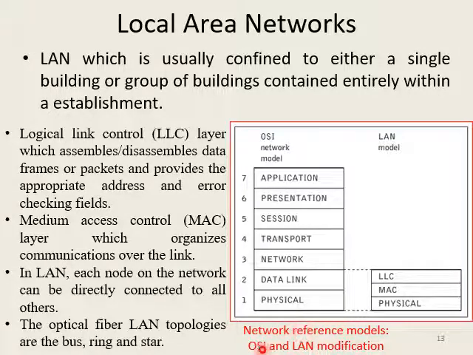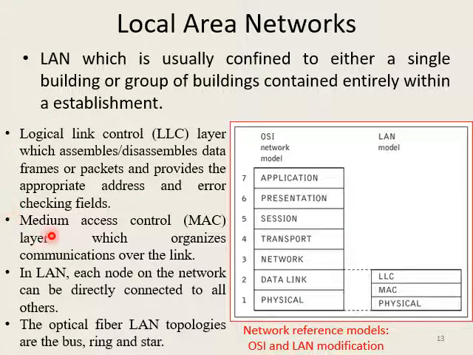The network reference model for LAN is in terms of the OSI model, but there are small changes defined only for the two layers, the data link and physical layers. The changes include the LLC, the logical link control layer, which assembles and disassembles the data frames or packets, and provides the appropriate address and error checking fields.